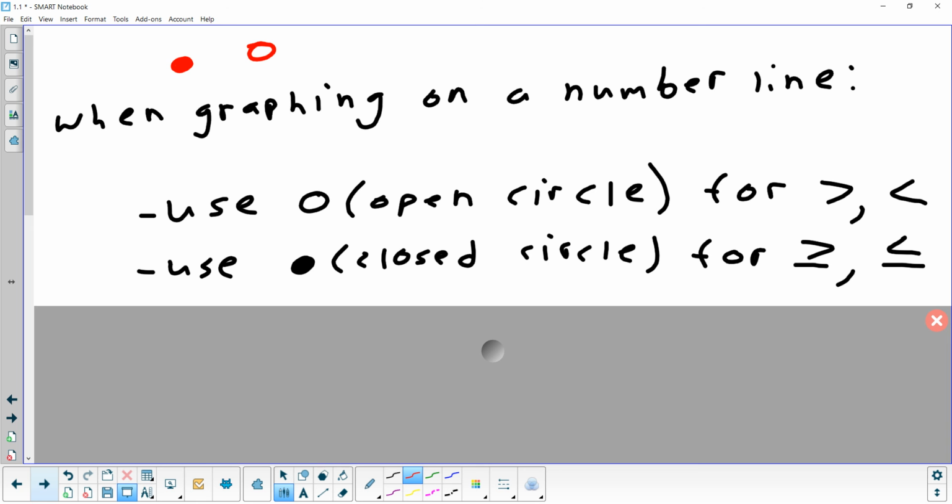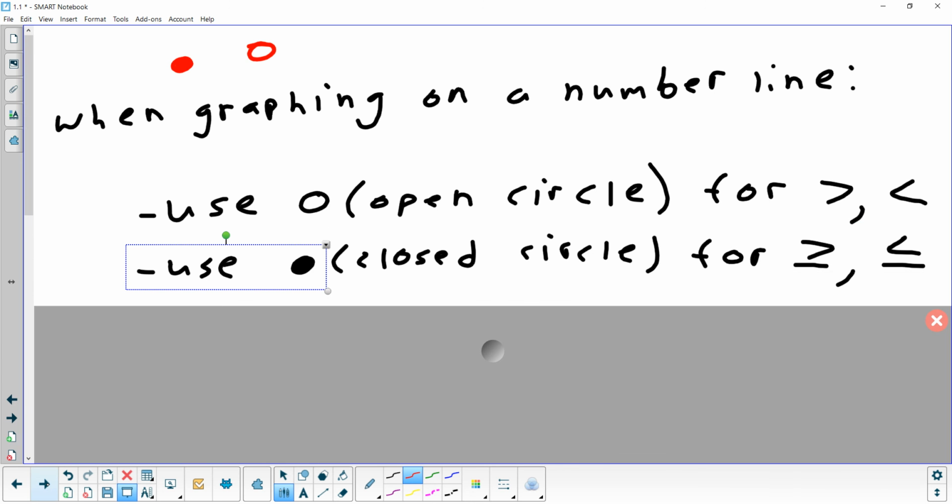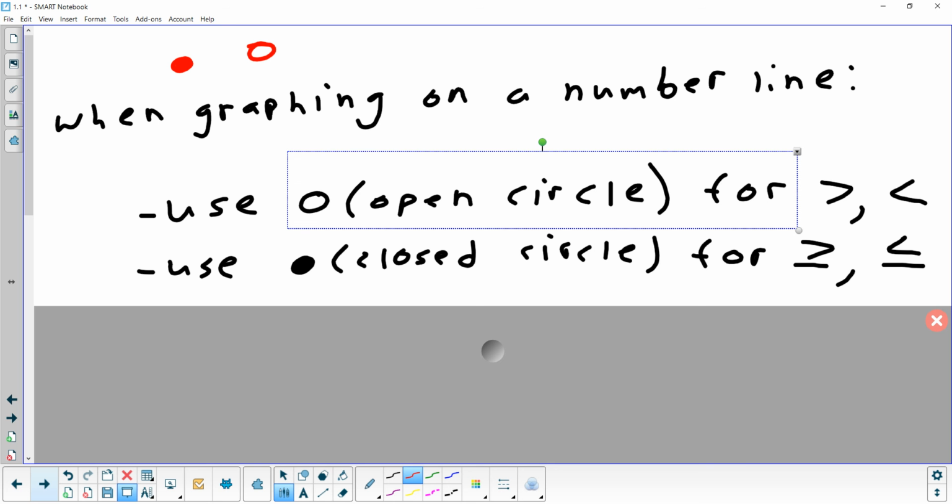You use a filled in circle, you call it a closed circle, when you have the equal to. The way I remember it is the symbol has an extra line on the bottom, so you have to take the extra step and fill the circle in. When you have just a greater than or a less than, we're going to use an open circle.